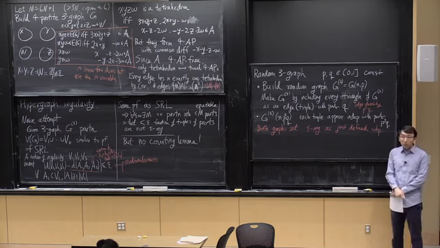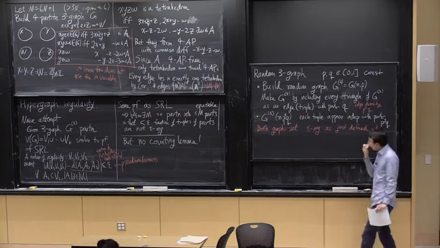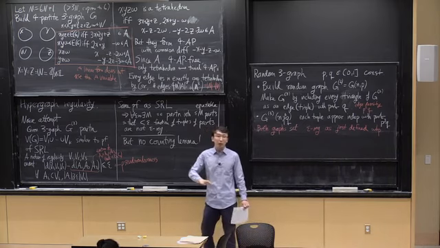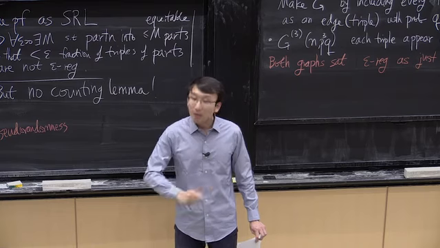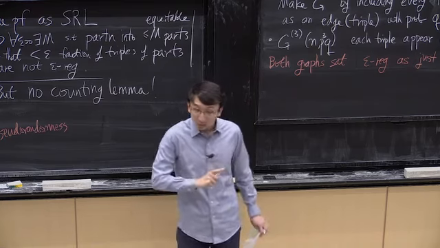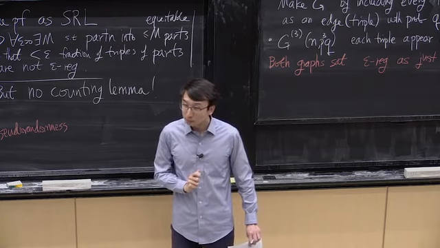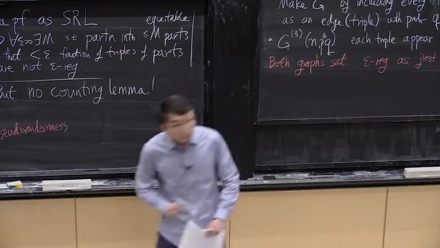Okay, great. So if you had a counting lemma, it should give you some prediction as to the number of tetrahedra that come directly from the densities. In particular, they should be the same for these 2 constructions. But are they the same?